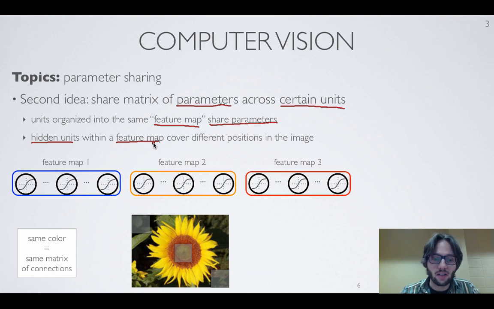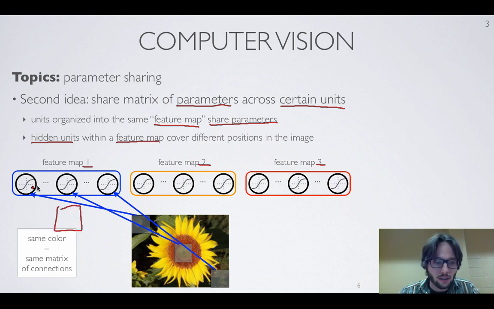So if we have a hidden layer with 3 feature maps, 1, 2, and 3, then for the first feature map, all of these hidden units will be using the same matrix of connections.